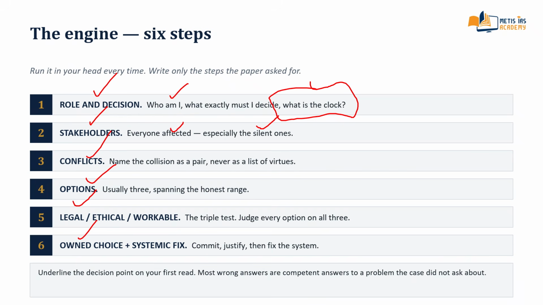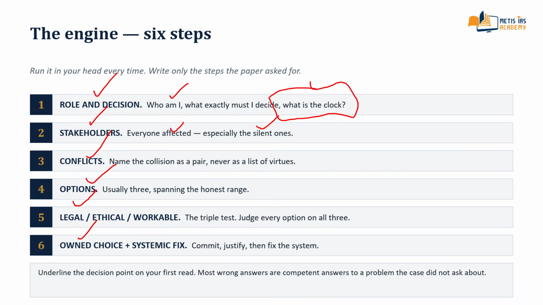What institutional change, a disclosure requirement, a protection mechanism, a standing protocol, a separation of functions, would stop the next officer facing this dilemma at all? This is the move that lifts an answer from personal heroics to governance. And it is the single most reliable way to add marks to a competent answer.